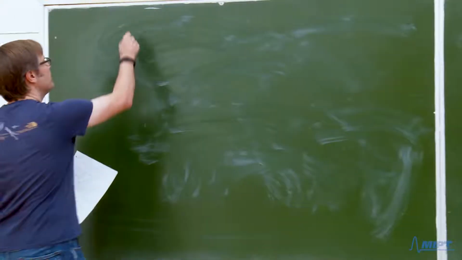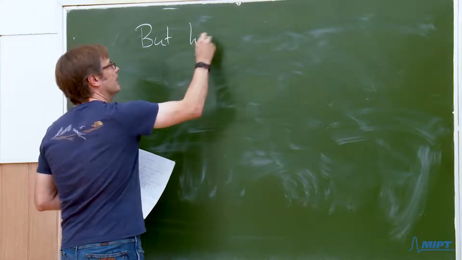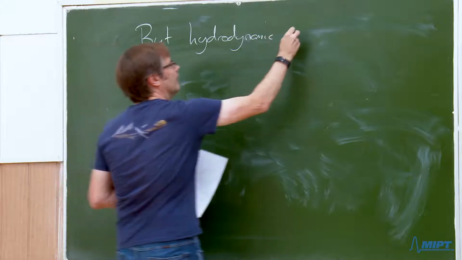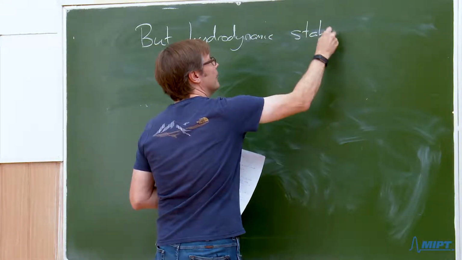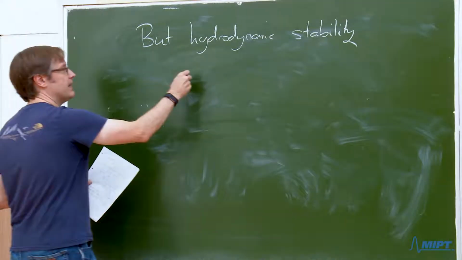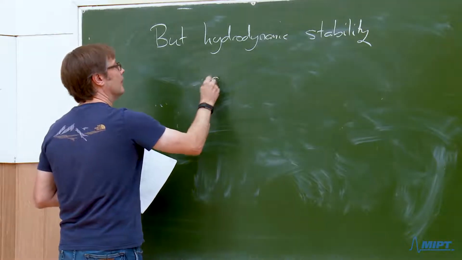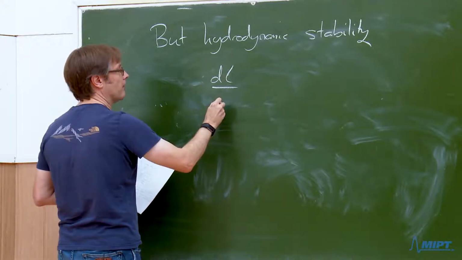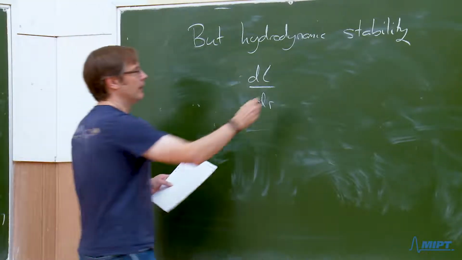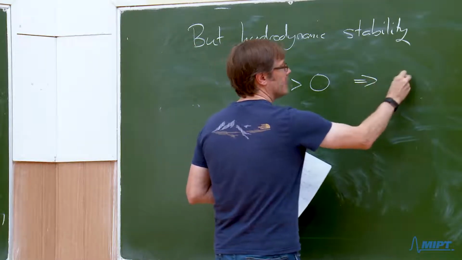And so if we just consider hydrodynamic stability, so think about linear stability here, the condition for stability is that the radial gradient of little l, which is the specific angular momentum, needs to be greater than 0 to give us stability.